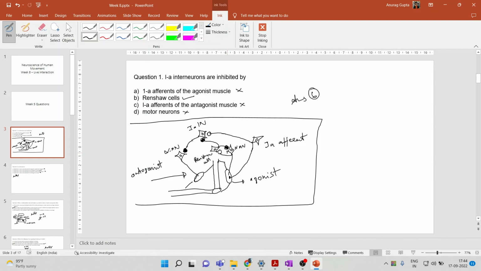So this is one situation. The Renshaw cell also inhibits the 1A interneuron, which causes inhibition of the alpha motor neuron. So the 1A interneuron causes inhibition of the alpha motor neuron, but the inhibitory effect of the 1A interneuron itself is decreased because the Renshaw cell inhibits the 1A interneuron.